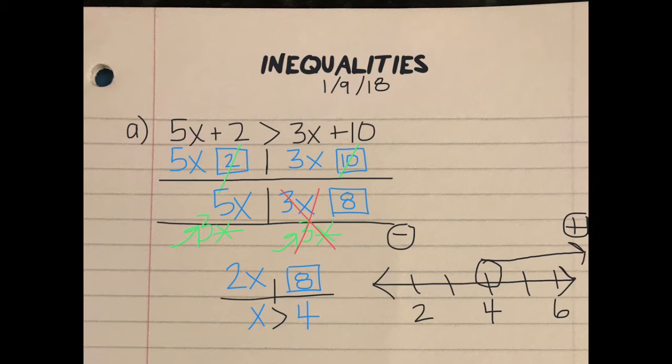Let's try one that looks a little bit different because there is a trick to solving inequalities that you haven't seen yet. All right, let's take a look at letter B, which is going to have a different twist, and it's definitely something that is new with inequalities. So letter B looks like this.